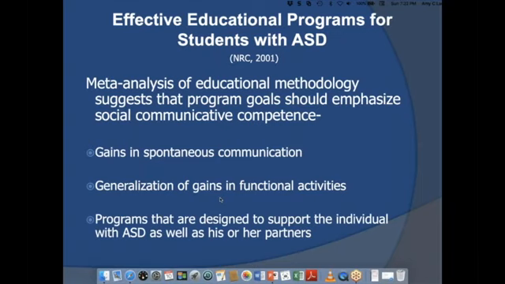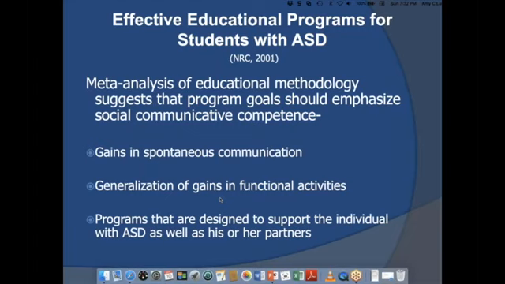And the other piece that the meta-analyses are very clear on is that our programs have to not only support the children with special needs, but they also have to support the partners, right? So as you're looking at this, hopefully you can see social communication, emotional regulation, transactional support. That social communication layers really nicely on that first bullet.